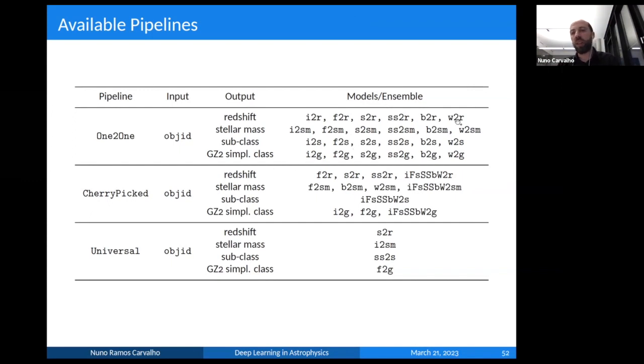Then we take the mean of the results of the models that output redshift, and that's our final redshift. And we do this for every variable of interest. Of course, here our pipelines are only using the models that we created, but you can use this same approach to combine this with the results that come out of other tools.